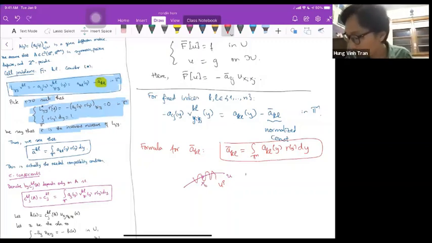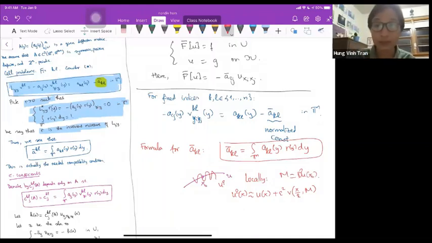Locally, u epsilon of x behaves like u of x plus epsilon squared v of x over epsilon, with M equal to the Hessian d squared of u at x naught. That is the local behavior. The reason people call this a corrector is that it's oscillatory: the gradient and the Hessian change like crazy, and you only see the macroscopic behavior, which is nicely behaved.